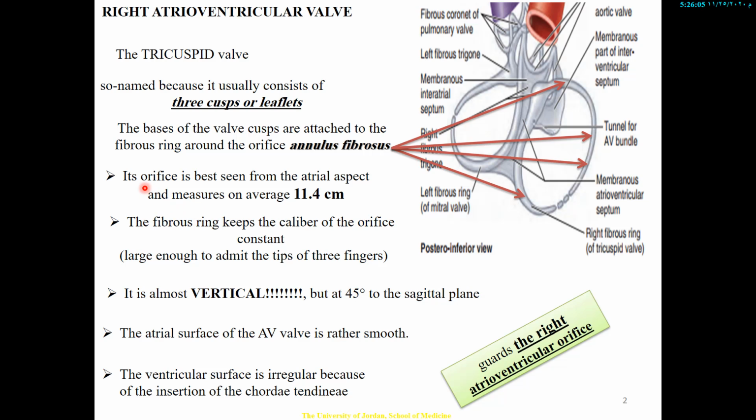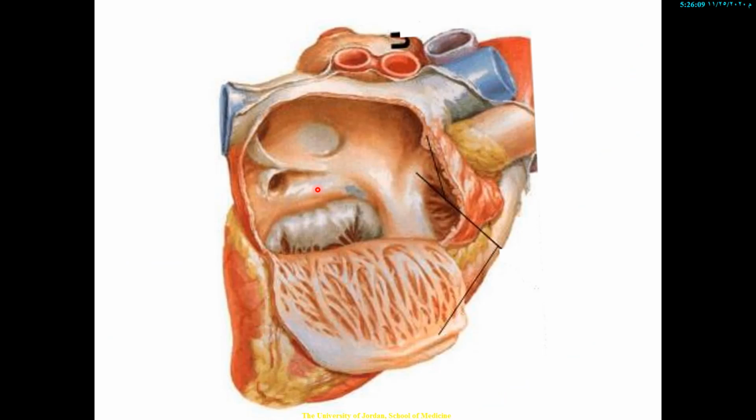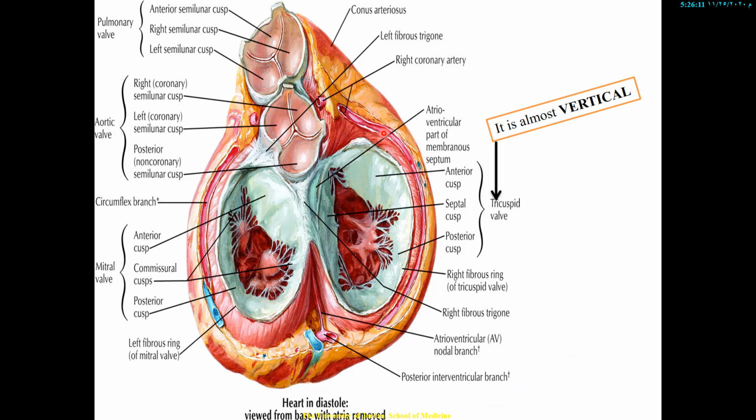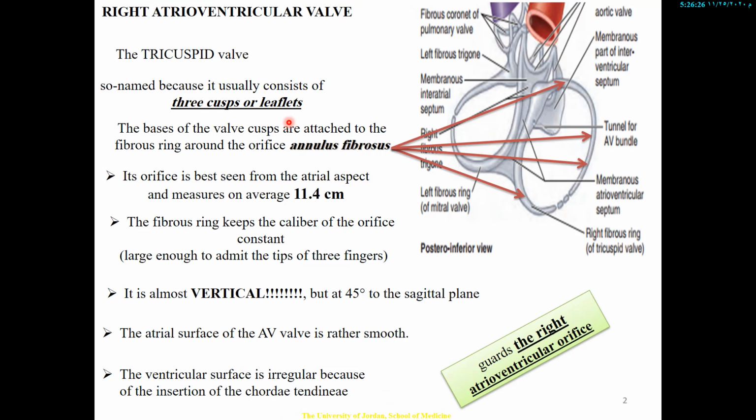Now, its orifice is best seen from the atrial aspect. Here, if we remove the atrium, or we are in the atrium now, we can see this orifice very clearly, as you can see here.